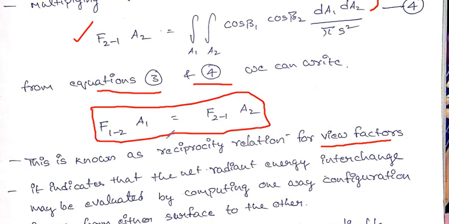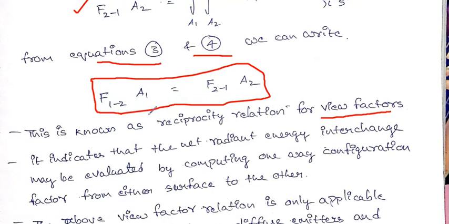It indicates that the net radiant heat energy exchange may be evaluated by computing a one-way configuration. If you know F1 to 2, then we can find F2 to 1, or otherwise if we know F2 to 1, then we can find F1 to 2.